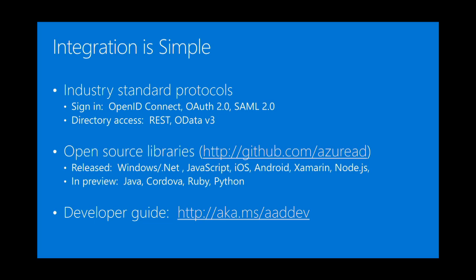We use modern protocols, like OpenID Connect and OAuth, but of course, we also support legacy protocols. So if you have a solution based on SAML and you want to connect with Azure Active Directory, without knowing any specifics, you can. You just use SAML, you find our coordinates, and you connect.